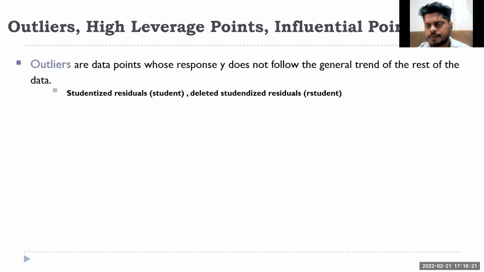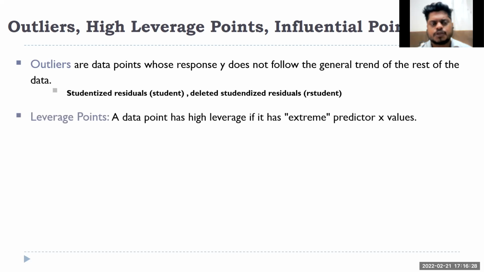So for outliers, there are many statistics. Two mostly used statistics are studentized residuals, which in SAS Studio is called student, and deleted studentized residuals, called R student. The difference between these two is that studentized residual is basically a standardized version of our regular residuals.